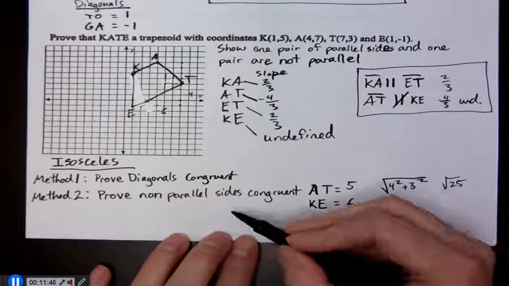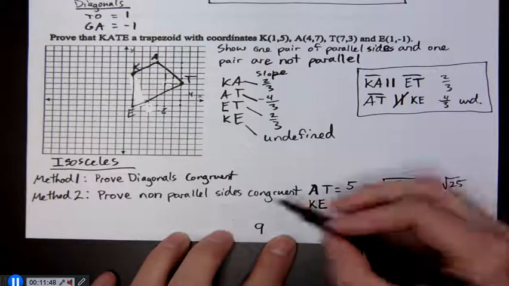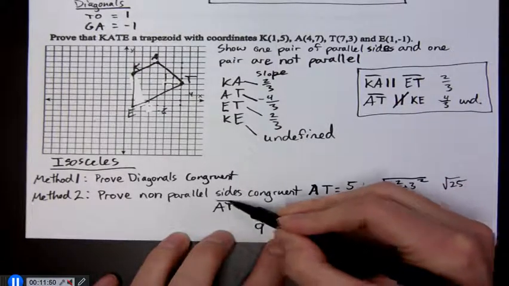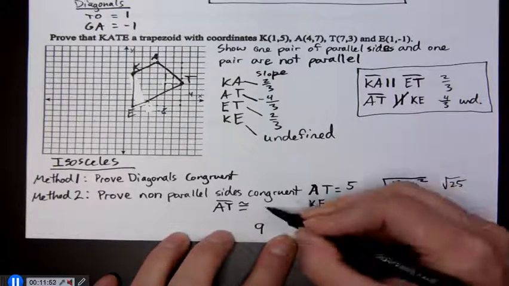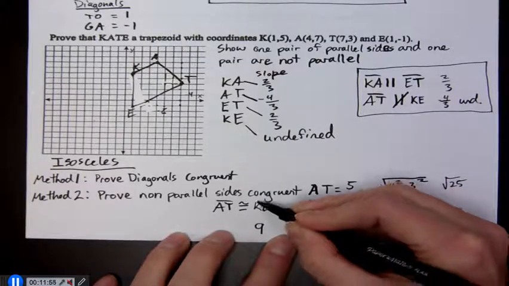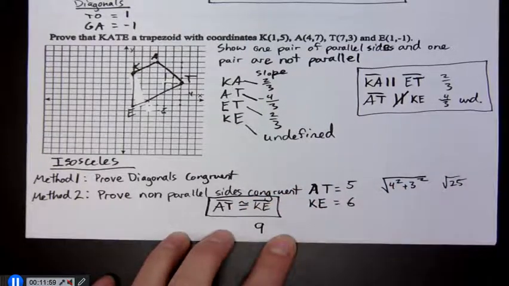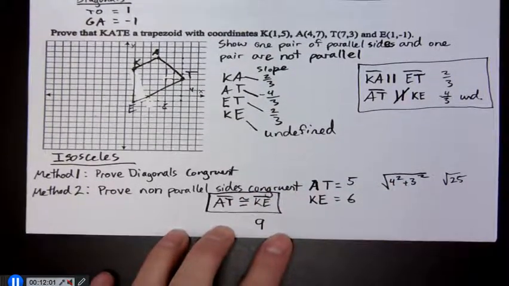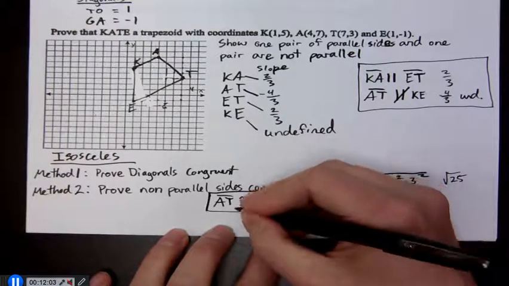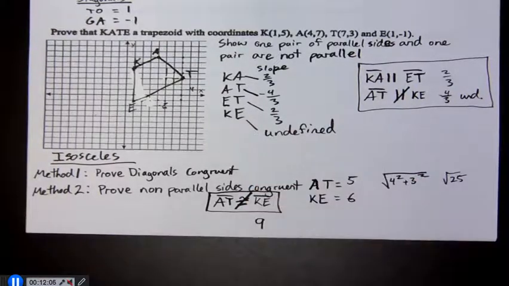So then my statement would just be AT is not congruent to KE. Yes, thank you. So not congruent.